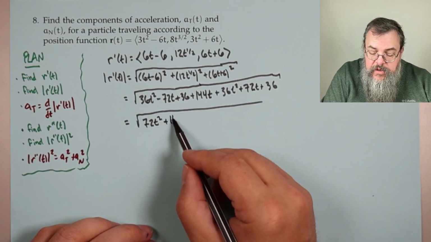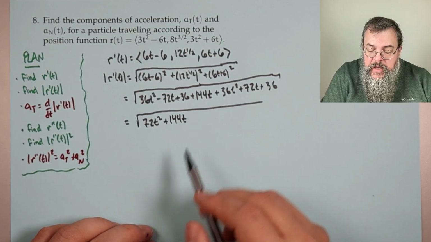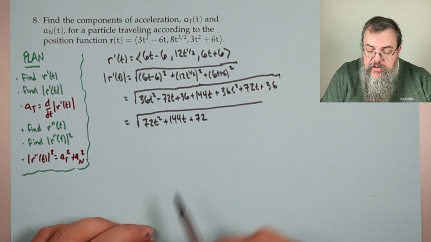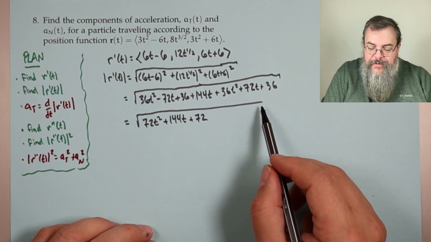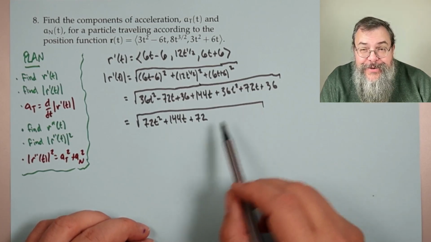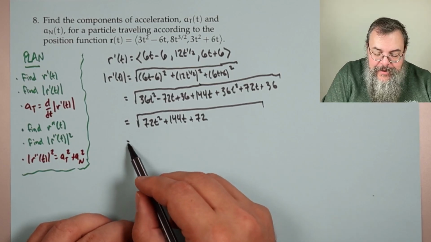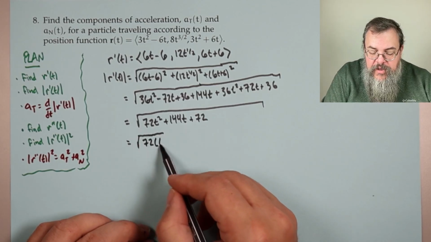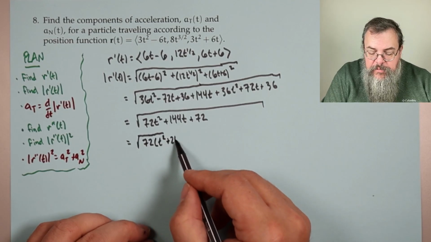Well, that makes a 144t. Plus 36 plus 36 makes 72. I guess I didn't need that big of a square root. Okay, badly planned square root sign. That sometimes happens. So that's the square root of 72 times (t squared plus 2t plus 1).